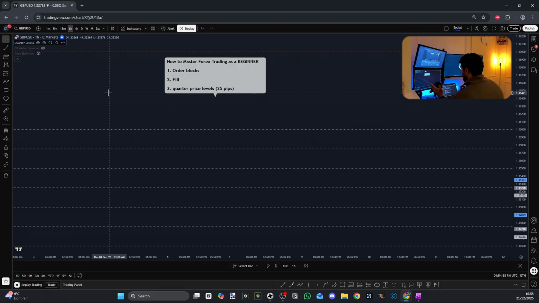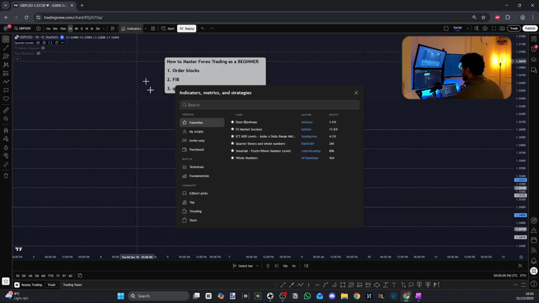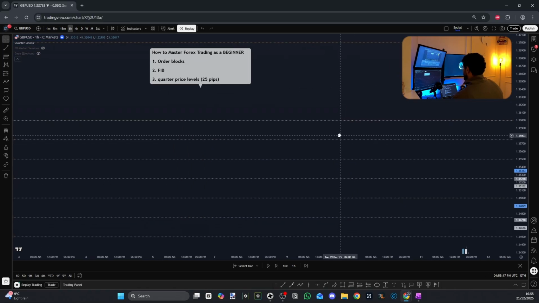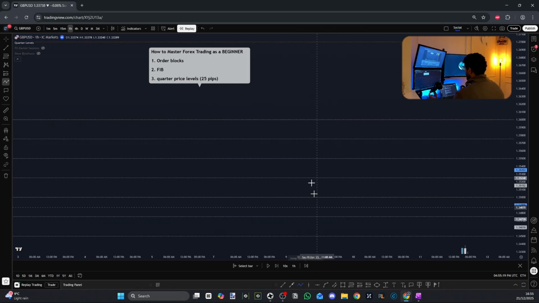If you'd like to add this indicator to your TradingView charts as well, simply head over to indicators and search for this one, quarter, theory, and whole numbers by the author called Rain536.